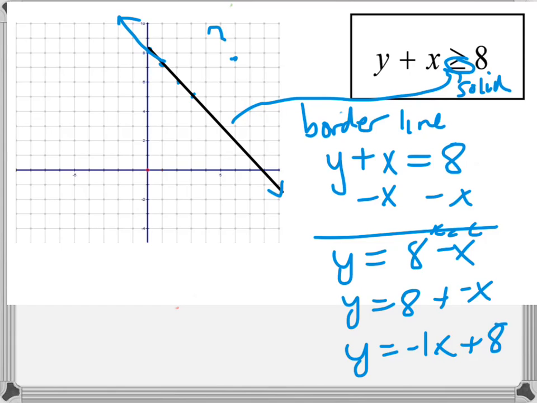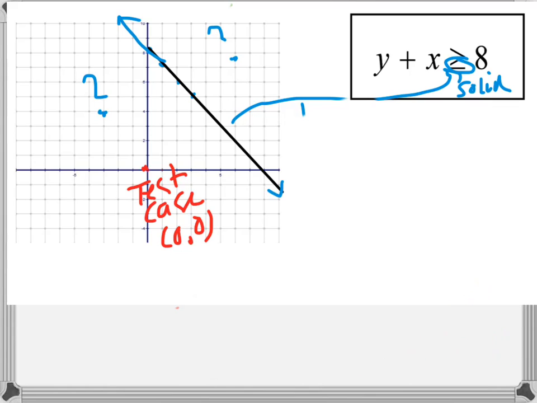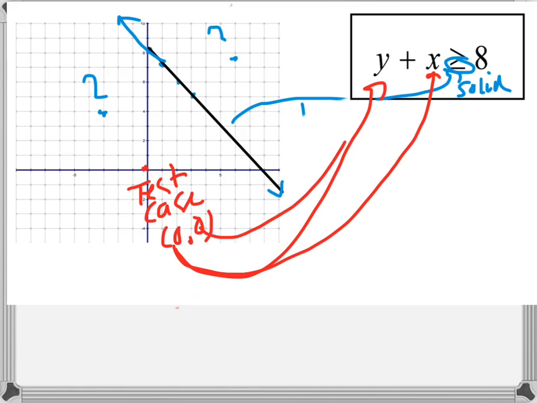Now, which side do I shade? So I'm going to pick a test case. I'll pick the origin as a test case. So I'm going to put the origin's coordinates into my inequality, that should be my x, and this should be my y. So I have 0 plus 0 is greater than or equal to 8.